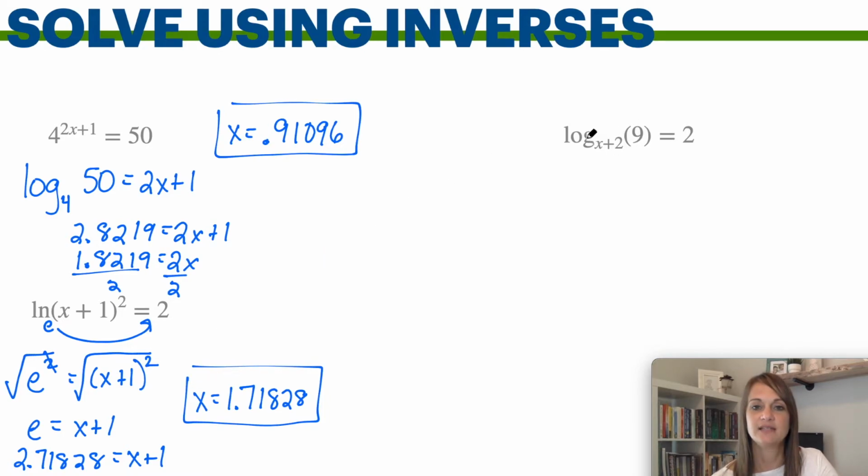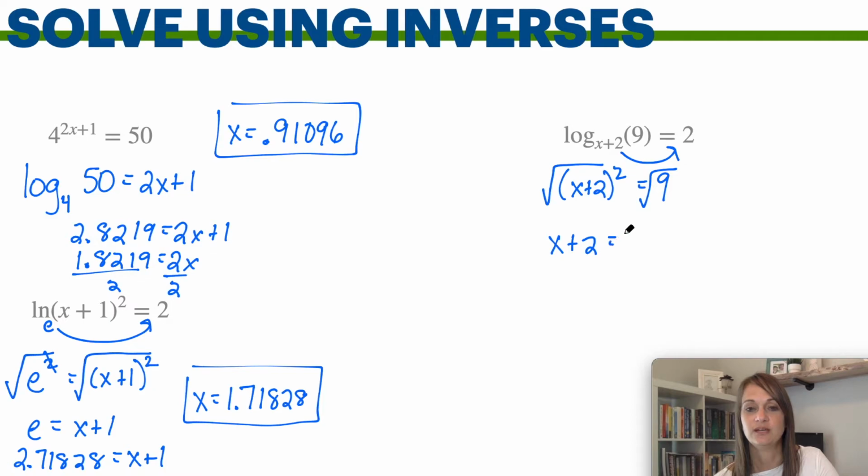In this case, the x is trapped inside of a log, so we need to get it out by doing the inverse. So I'm going to rewrite this as x plus 2 raised to the 2, and that equals 9. Okay, so we have a function that is squared, so I need to do the opposite and take the square root of both sides, and I'll get x plus 2 equals 3 and negative 3.